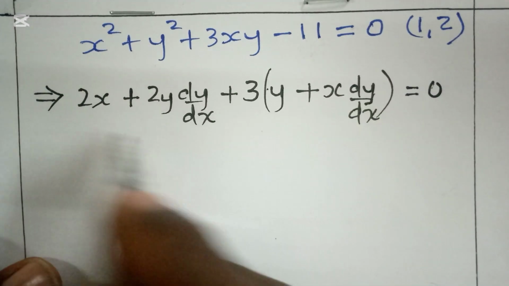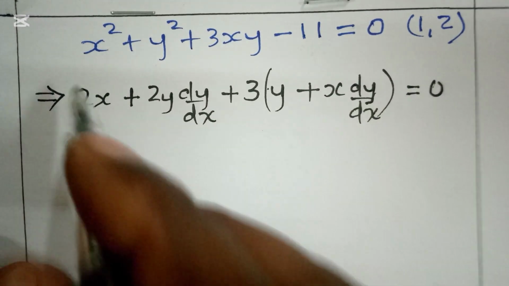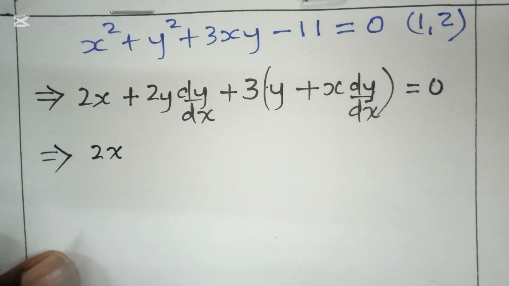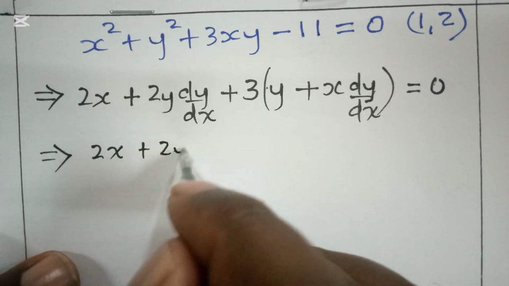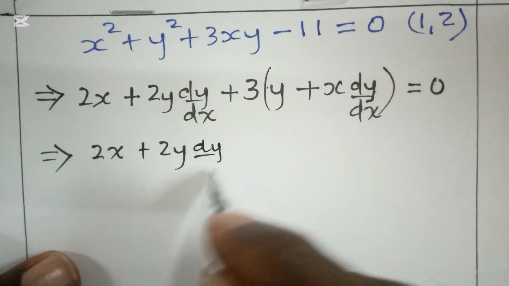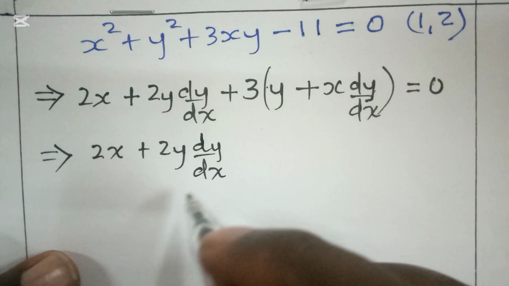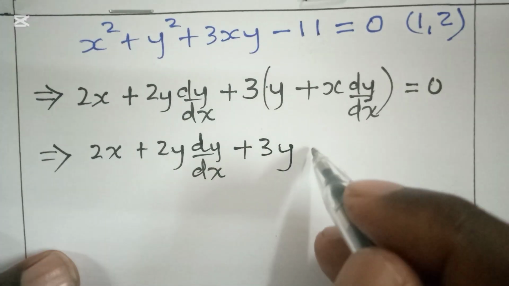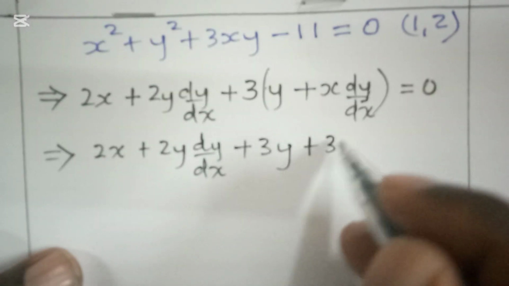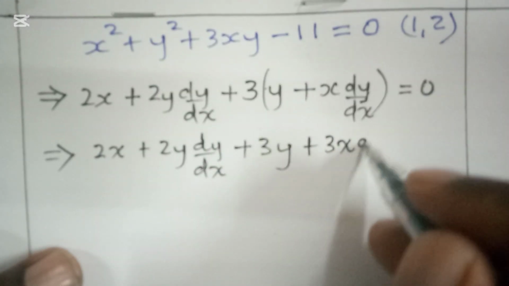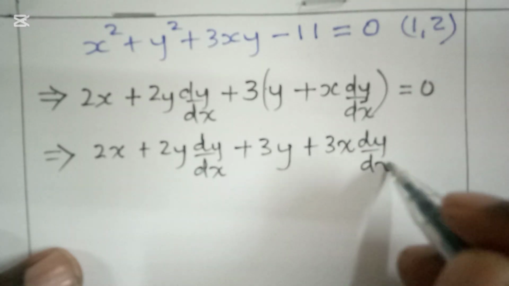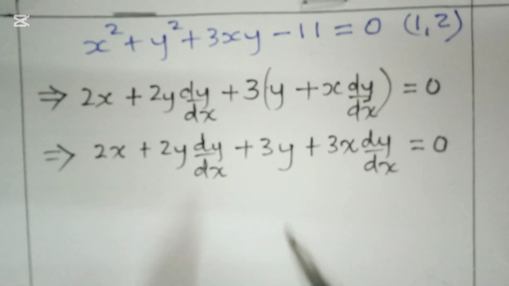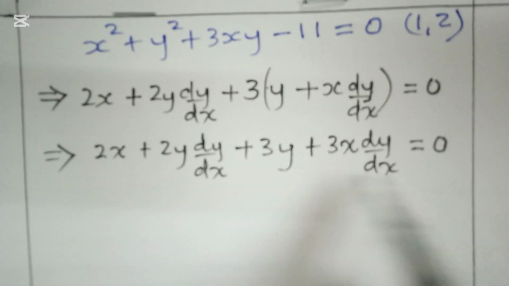So guys, from there I can work out the equation, and this is how I work it out. So I have 2x plus 2y dy/dx plus 3y plus 3x dy/dx equals 0. Guys, I can now factor out my dy/dx from these two like terms.